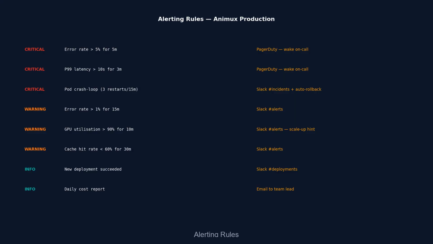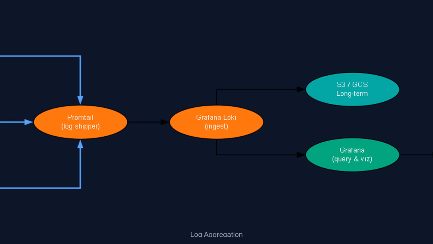Informational alerts, successful deployments, daily cost reports, keep the team situationally aware without requiring any action. The discipline here is maintaining the integrity of these tiers. The moment critical alerts start firing for non-critical conditions, engineers begin ignoring them and the entire alerting system loses its value.